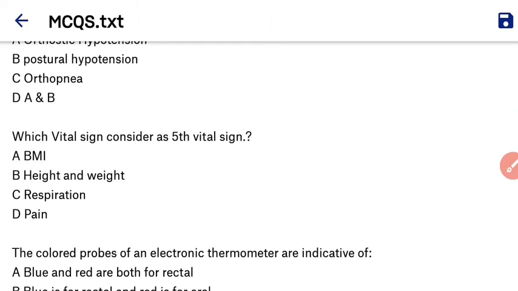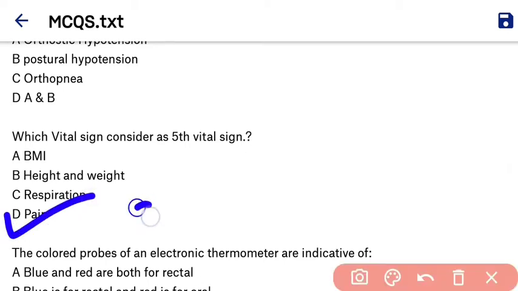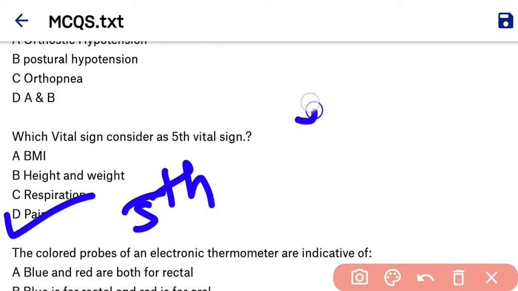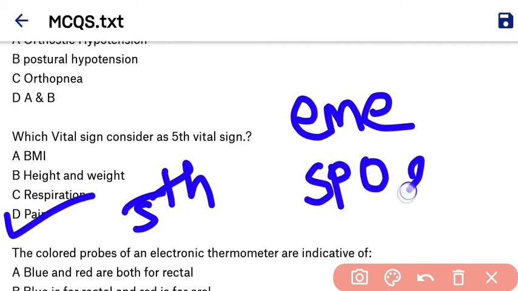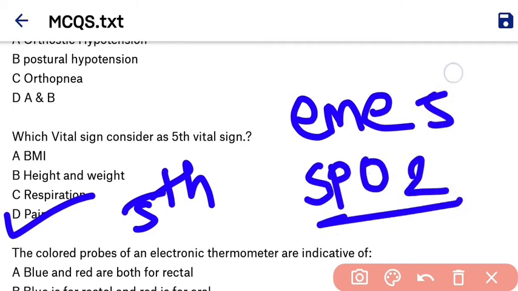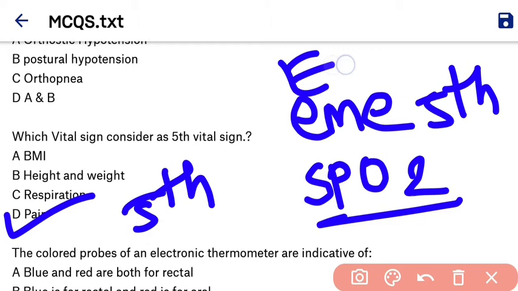Next, which vital sign is considered the fifth vital sign? So here our right answer is pain. Okay, and if the question asks particularly what the fifth vital sign is in an emergency department, then we should go for SpO2 or oxygen saturation, which is considered the fifth vital sign in an emergency department.